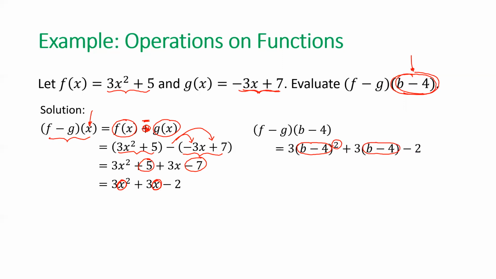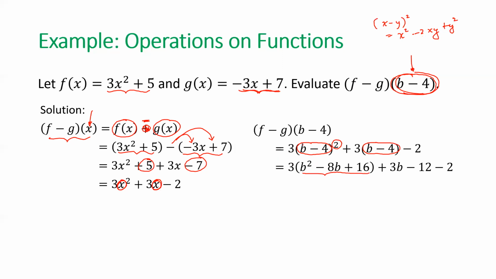Now, if you recall, this is the square of the binomial, so if we have something like x minus y quantity squared, this is equal to x squared minus 2 times x times y plus y squared. So applying this formula here, we will get 3 times the quantity of b squared minus 8b plus 16.